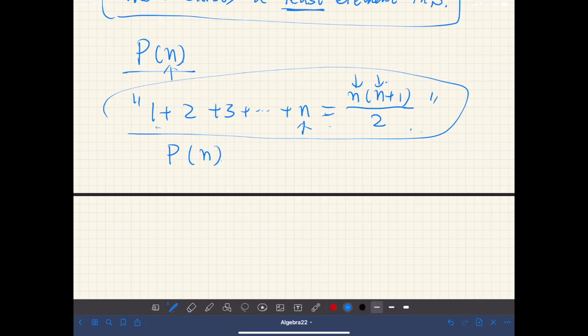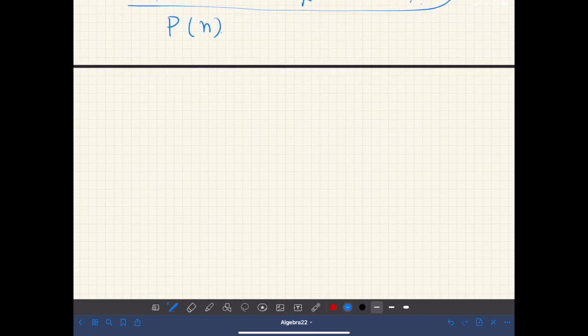So whether this is true or not is a logical proposition. Another example is: 2n plus 1 is less than or equal to 2 to the power of n for any natural number n. This is another example, and you should prove it.